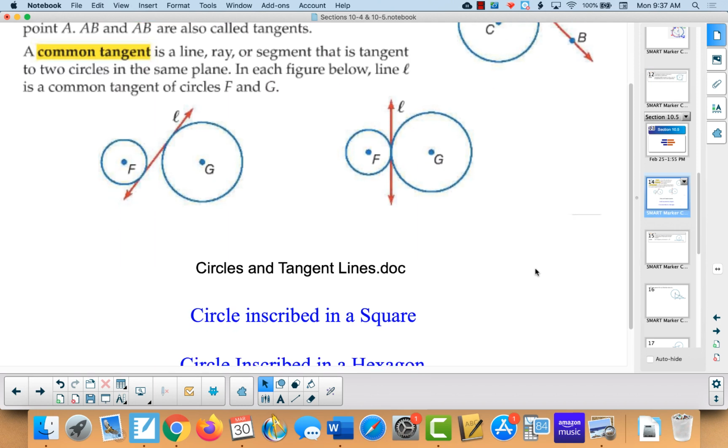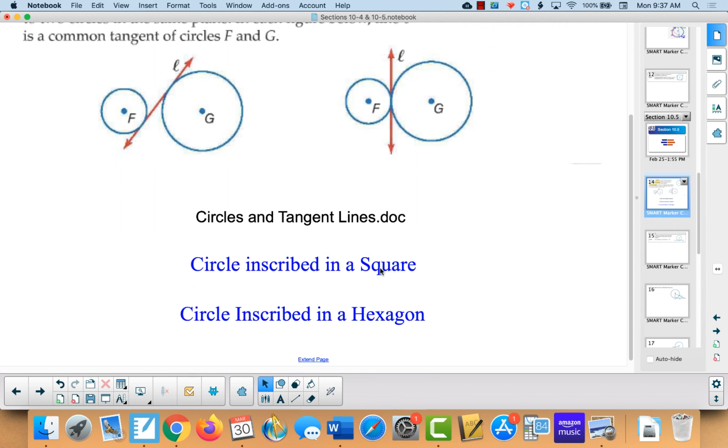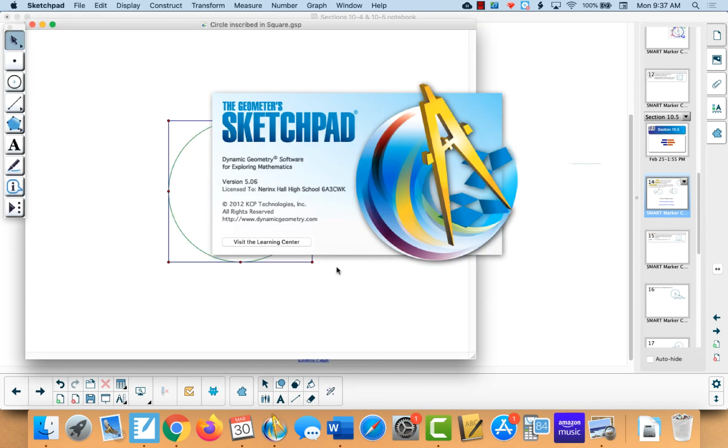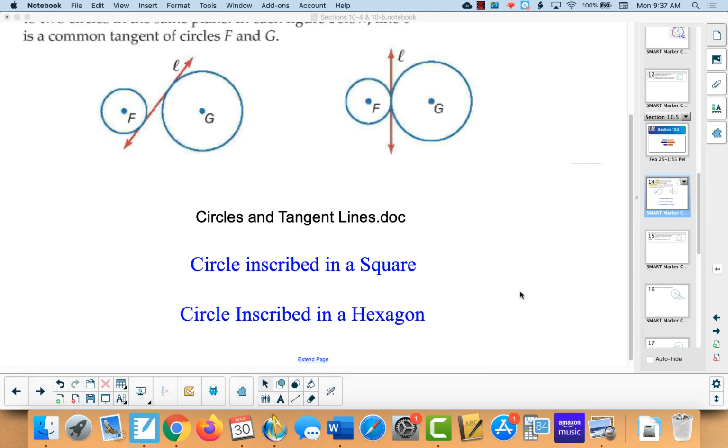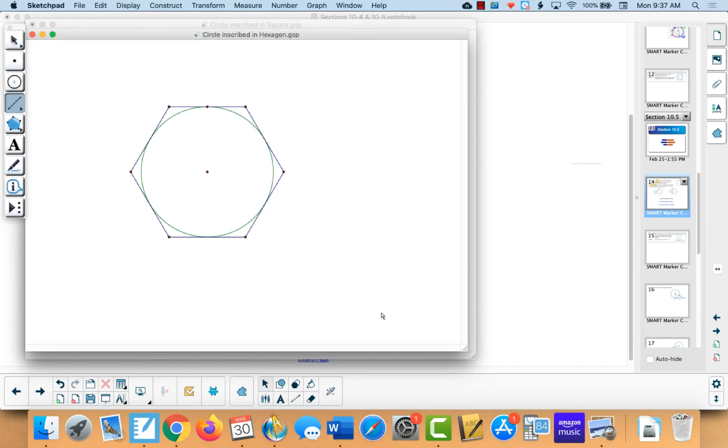All right, in this investigation, you should have noticed that the sides of the square and the sides of the hexagon were tangent to the circle. And if you draw in a radius to that point of tangency and measure that angle there, you would see that it was a 90-degree angle. This is also the same when we had a hexagon.